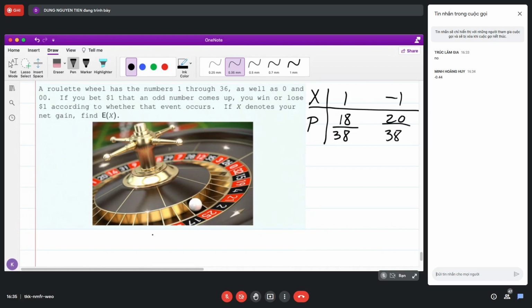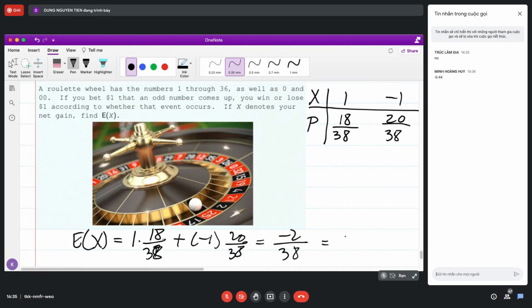So the average value of X, the mean, is this E[X], which is 1 times 18 over 38 plus -1 times 20 over 38, and you get -2 over 38, and you get -1 over 19.